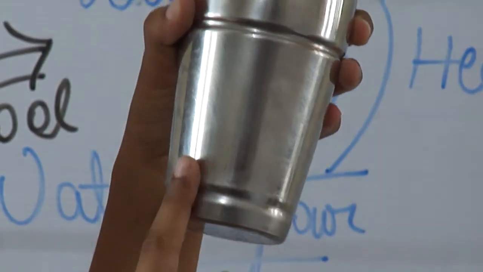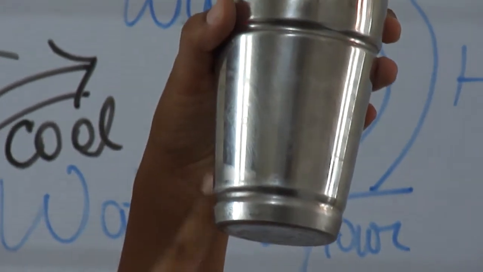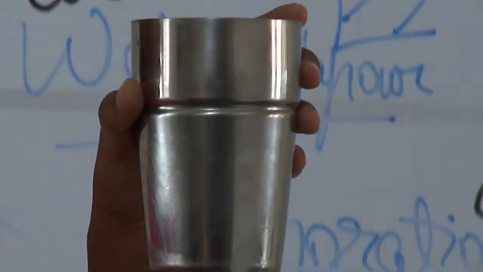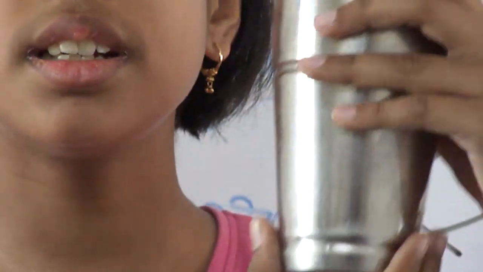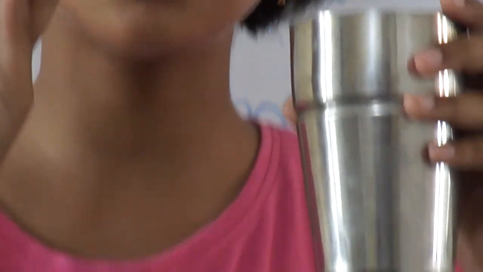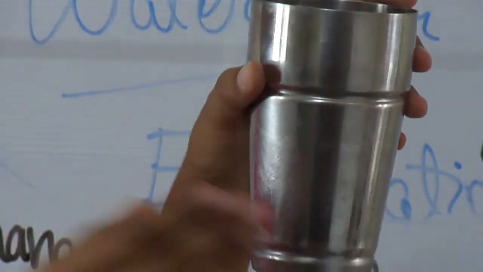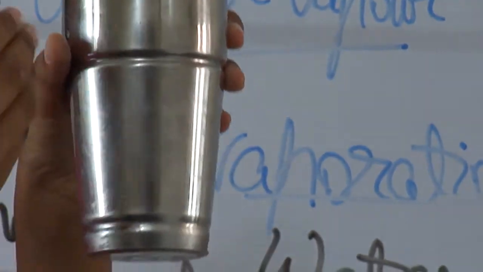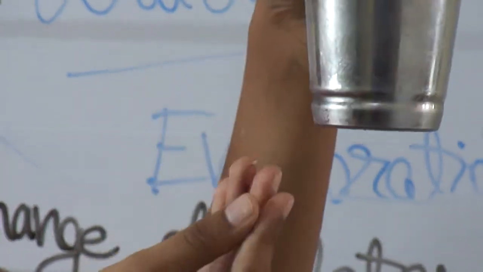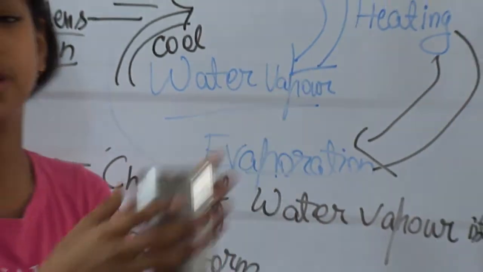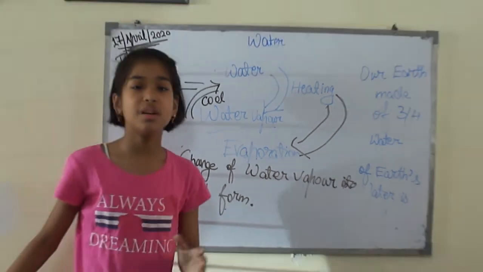And if I touch this, you can see this. Why are there water droplets? Because the glass was dry from outside. So how can there be water droplets? Let's study about that.